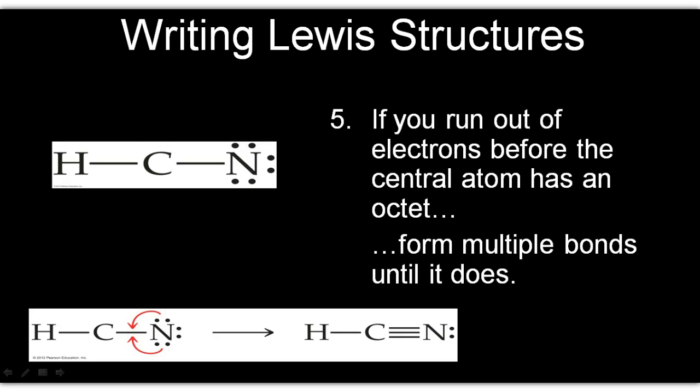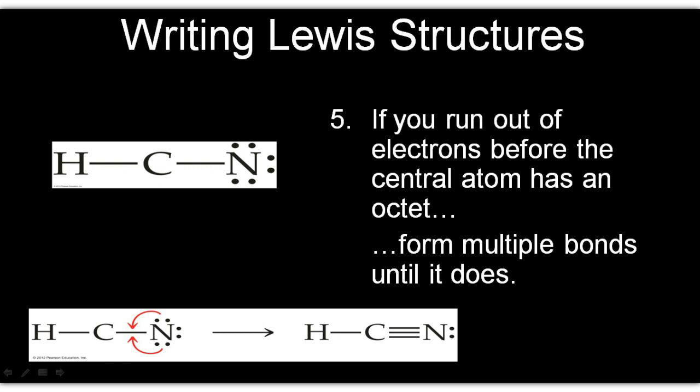So there are a few exceptions here. What if I run out of electrons? Well, in that case, we can make double bonds or maybe even triple bonds to fill these electrons. So in this problem here, I surrounded the nitrogen with 6 electrons, but it doesn't quite work because one carbon needs more and I don't have any electrons left.